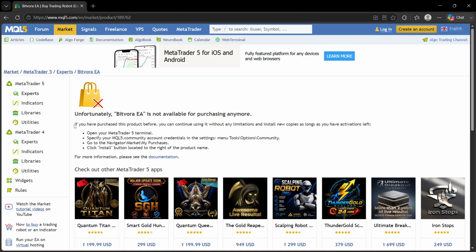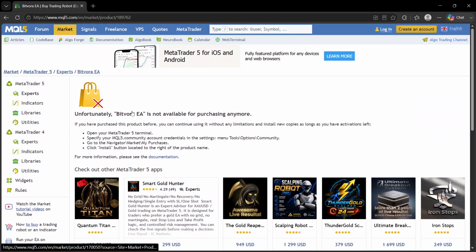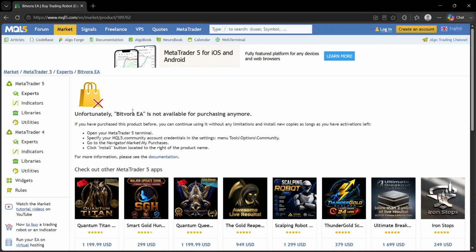Sometimes MetaQuotes removes it after there have been lots of complaints about the EA or for any other reason, like the developer doesn't need it anymore or the developer requested them to remove it. Sometimes sales just stop and the developer moves on. Whatever the reason, once it's gone, so is any ongoing support, update, or accountability.